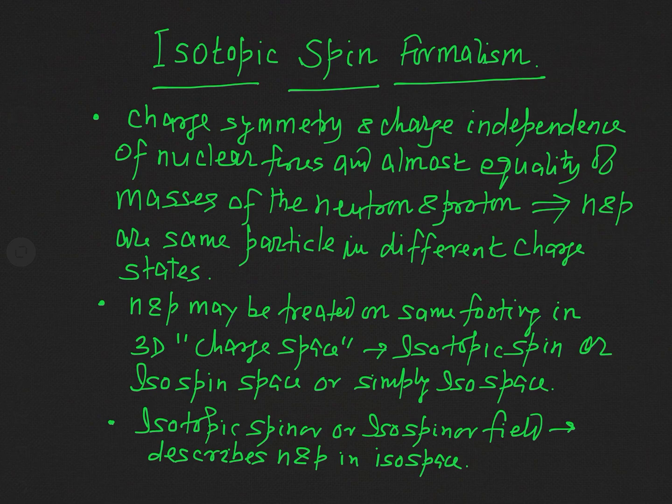And you know the ordinary spin also has two states, up and down states. So just like that, the formal development of the isospinor algebra is exactly the same as that of the ordinary spin.